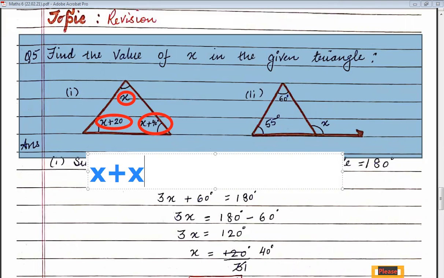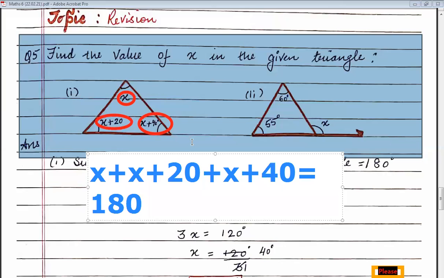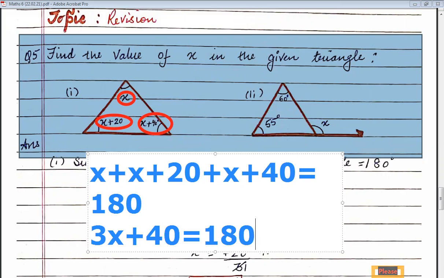x plus x plus 20 degree plus x plus 40 will be equal to 180 degree. Okay children, so this is 180. Now you just have to add x, so it will become 3x plus 40 degree, which will equal 180 degree.